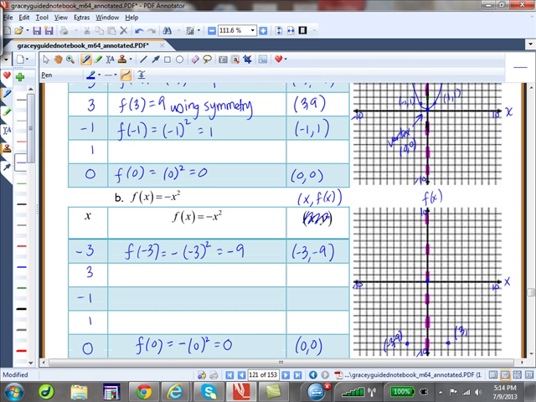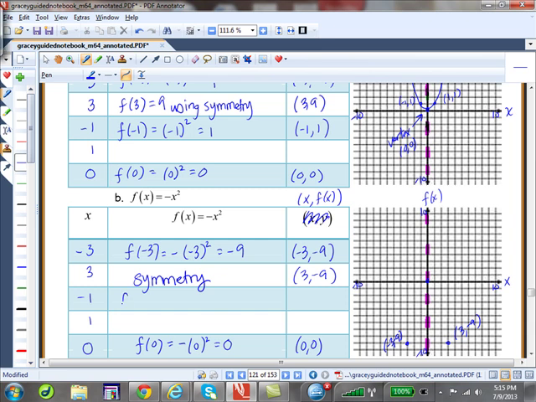And that's +3, -9. We did that using symmetry. You don't have to use symmetry. It just makes your life so much easier when you're dealing with these.